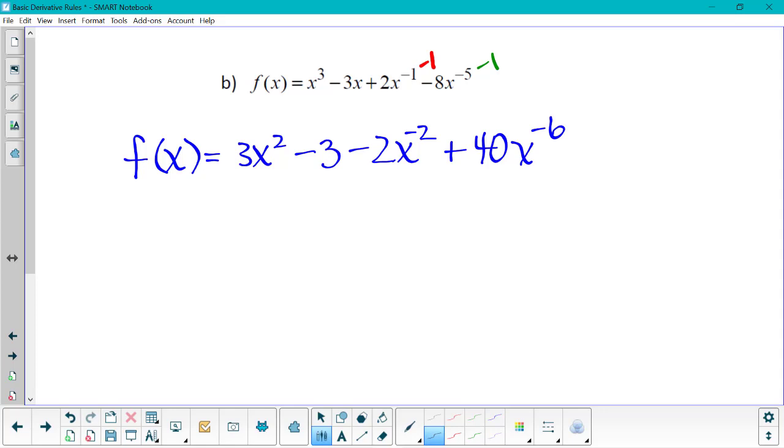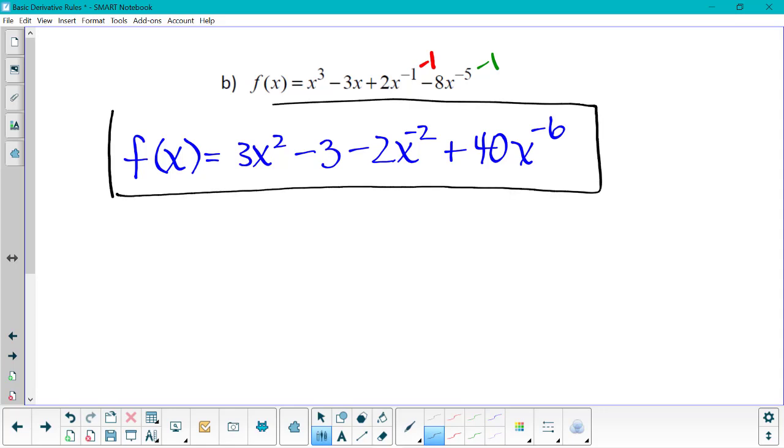Now, you could leave this. You're trained in algebra, they say many times, don't keep negative exponents. So you could rewrite those two terms with a positive exponent, and sometimes that is nicer when you're plugging a number into the derivative, but you don't always need to. So you've got to think about what you are going to do with that derivative. If I rewrote this term, that would become minus 2 over x squared.